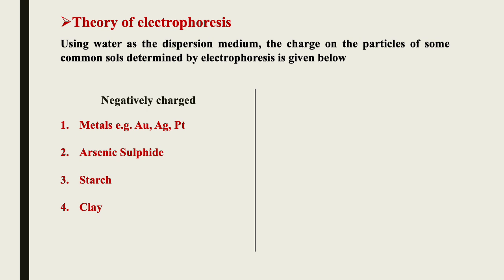Another example is arsenic sulfide, which also has a negative charge. The third example is starch, then clay. When you apply the electric potential to the U-shaped tube, these will be attracted towards the positive electrode.